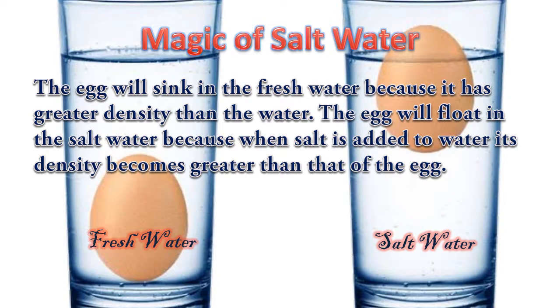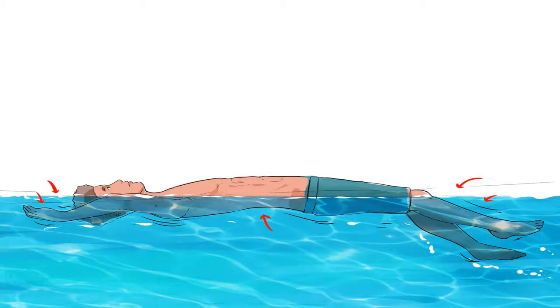The egg will float in the salt water because when salt is added to water, its density becomes greater than that of the egg. When we add salt to the fresh water, its density, otherwise thickness, will increase. So the density of the water will become more than the density of the egg. So it floats in the salt water. Okay.